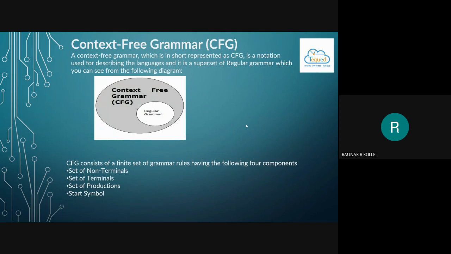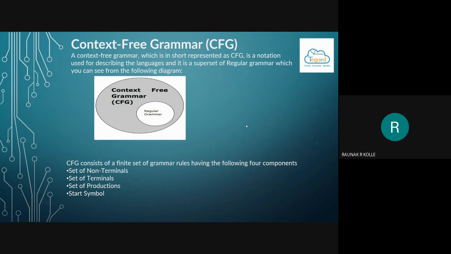Context-free grammar. A context-free grammar, which is in short represented as CFG, is a notation used for describing the languages and its superset of regular grammar, which you can see from the following diagram, where regular grammar is a subset of context-free grammar.